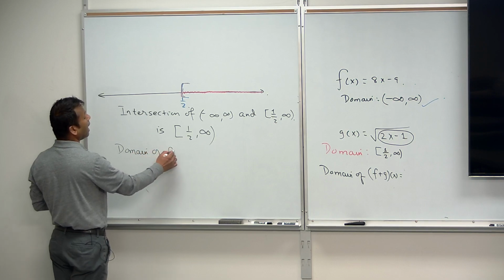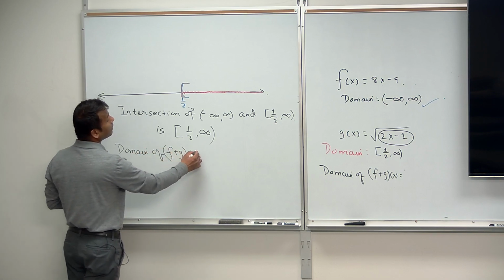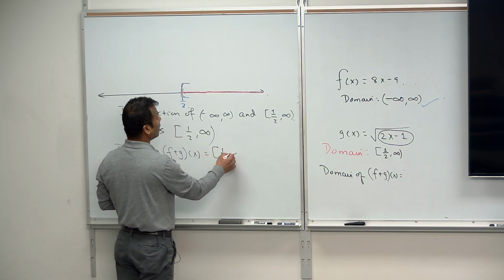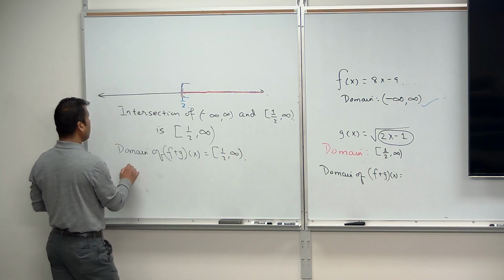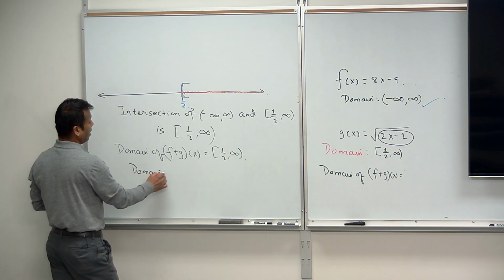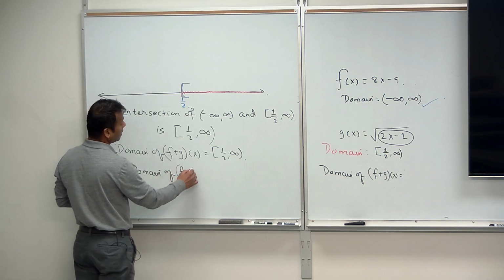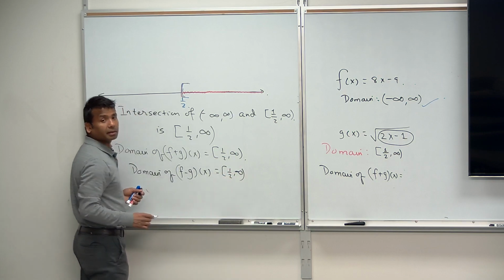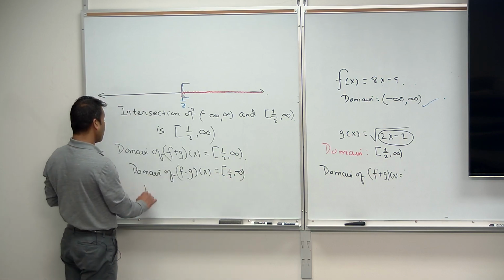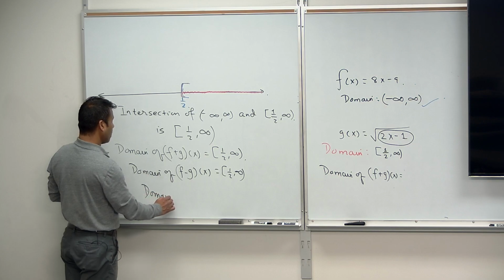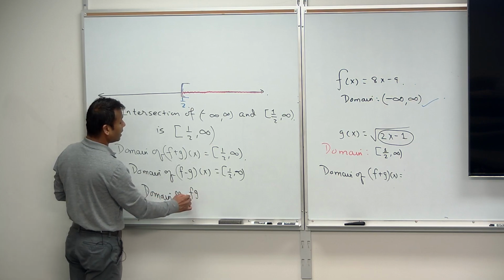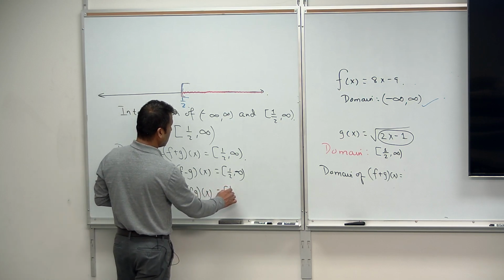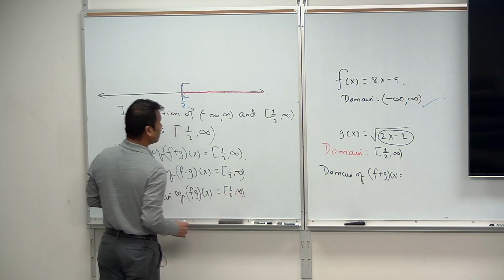The domain of f plus g is going to be this. The domain of f minus g is also the same thing, right? The domain of fg is also the same. So this is 1/2 comma positive infinity.